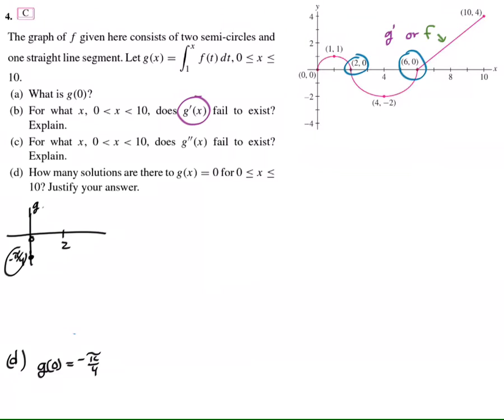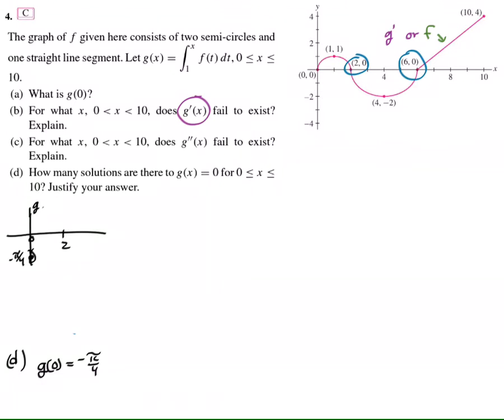So from this point right here, we're going to be increasing all the way until we get to 2. Right when we get to 2, the behavior changes. g prime is below the x-axis, so the slope for g after 2 is going to be negative. The function g will start decreasing.